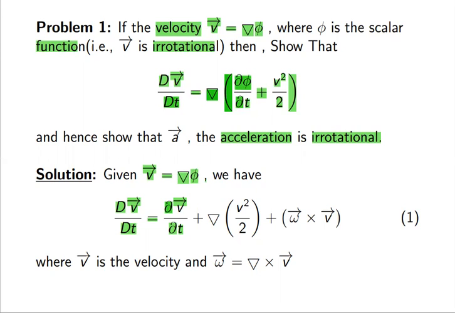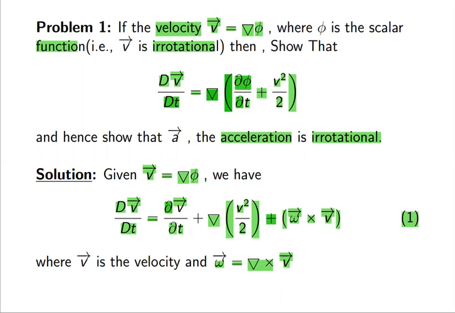The relationship between them: plus gradient v square by 2 plus vorticity cross velocity. This we have proved in the last class. Let us call this equation 1, where v is velocity and omega is the vorticity. Omega is nothing but curl of v.